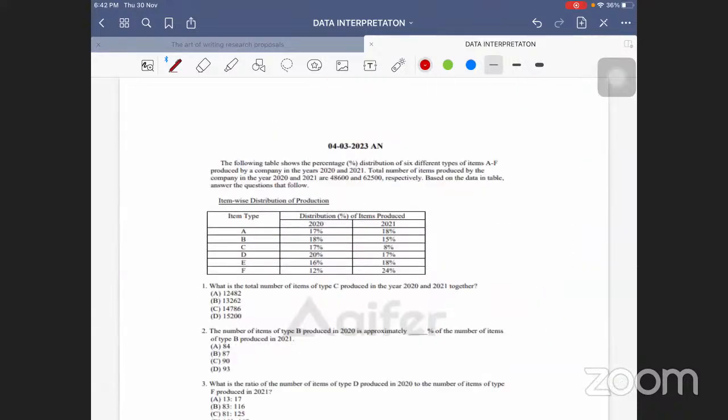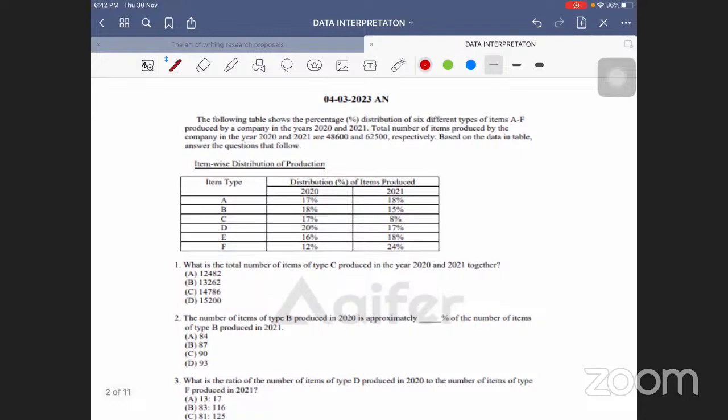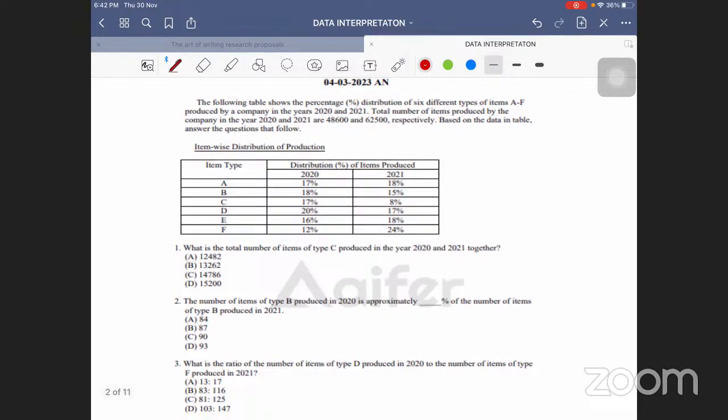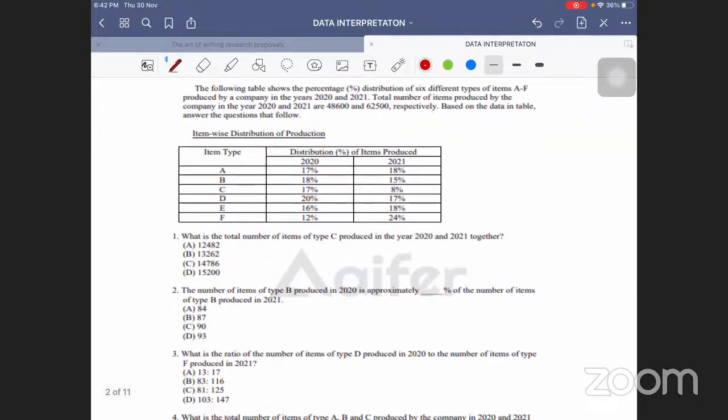I will go directly to the sums, then you can understand this. This sum is from the afternoon batch of 2023, last year's question paper. These are tabular column data. Question 6: the following table shows the percentage distribution of 6 different types of items A to F produced by a company in the years 2020 and 2021. The total number of items produced by the company in 2020 and 2021 are 48,600 and 62,500 respectively.